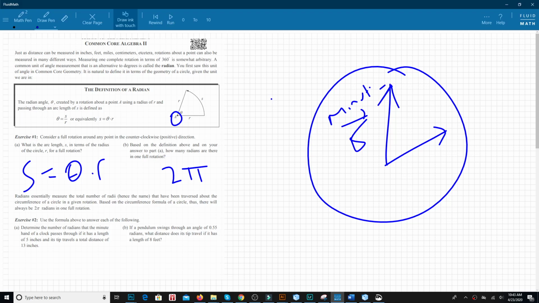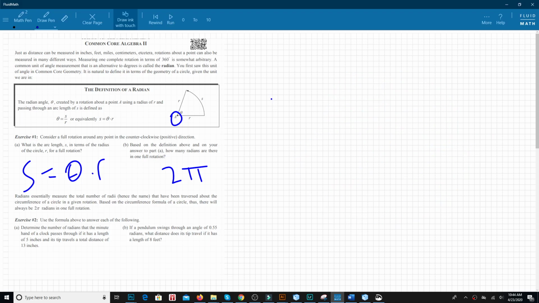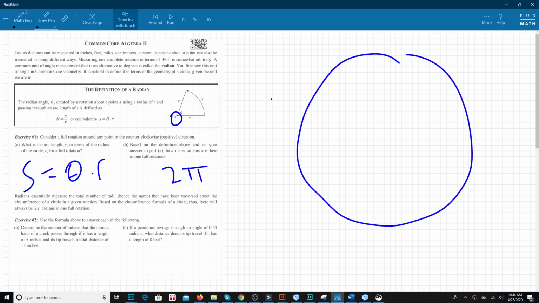So essentially, say it went from here to here. So this is the minute hand, the original.